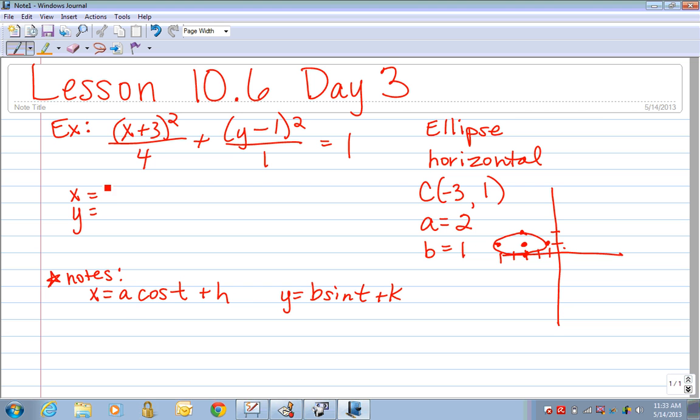So x equals, the a is 2 times cosine t, plus h. H, remember, the center is h comma k, so h is actually -3. Notice it's plus h in this equation, not a minus. So we actually have a -3 in that part of the equation. B is 1, which we don't really need to write. It would just be 1 sine t, which is just sine t, and then plus the k, which is plus 1. So our parametric equations are those listed, and that was how we followed from our notes.